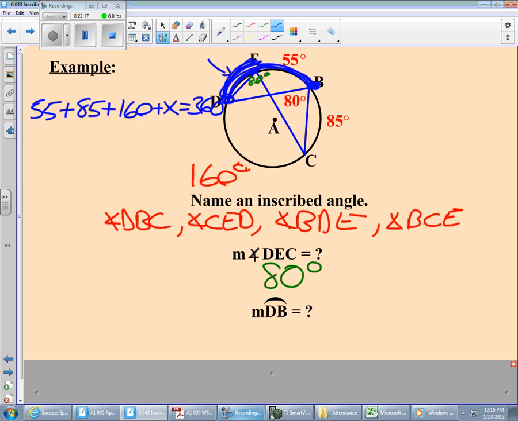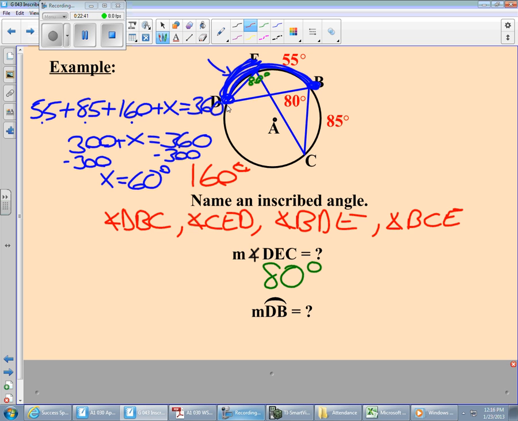They're supposed to add up to be 360 degrees. Well, let's just see what's missing. 55 and 85 is 140, plus another 160 is 300. I think most people right there can spot that it's going to be a 60. Subtract 300 from both sides. X is 60. That is the information that's missing right there.